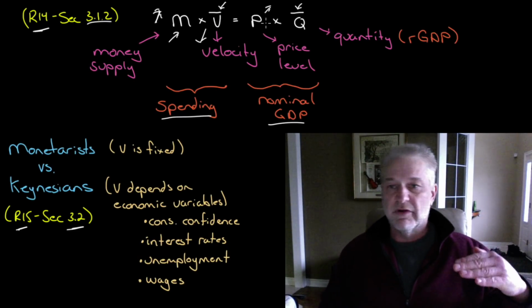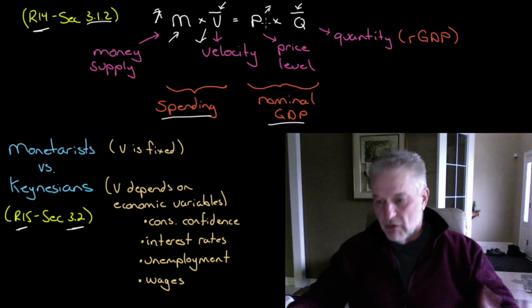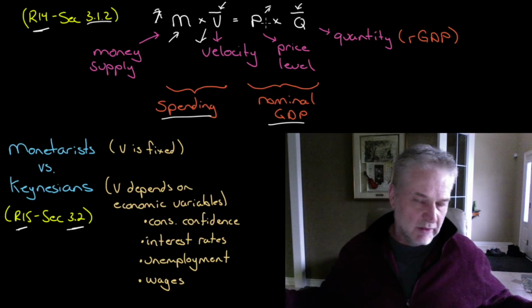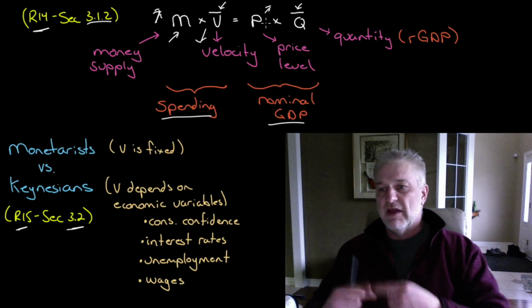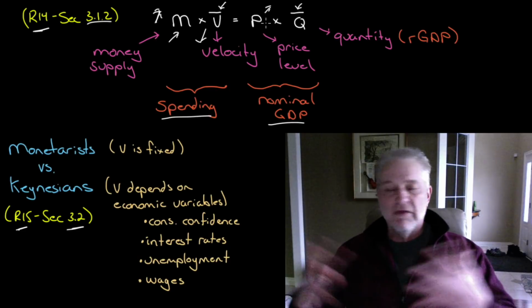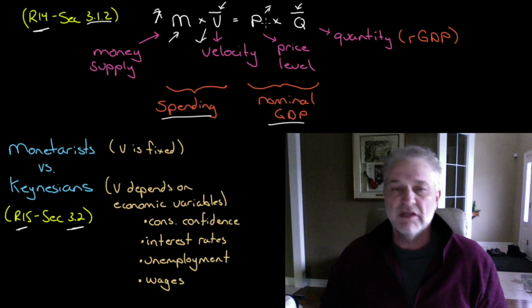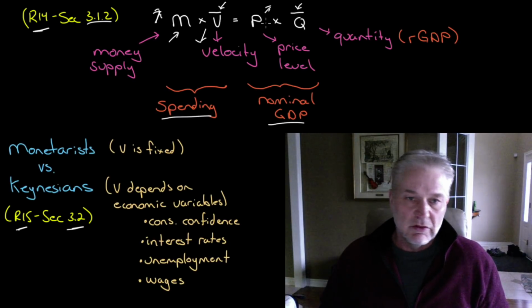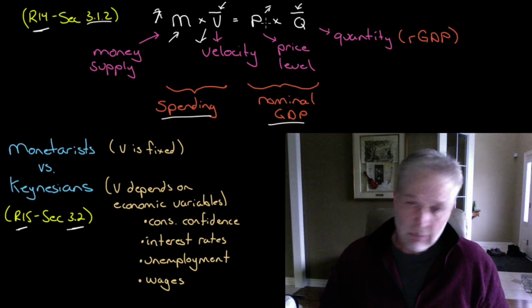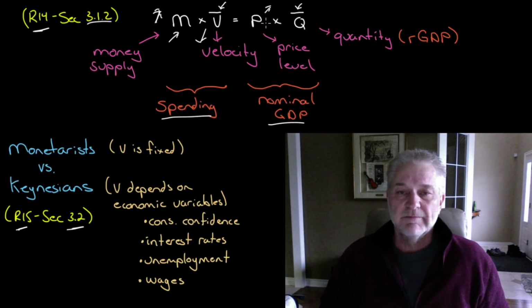If unemployment is very high, you can always hire people to put out more output. Endogenous growth theory tells us that advances in knowledge increase productivity, and that can increase the amount of output that an economy can produce. So Keynesians would say, look, you get rid of those two bars over V and Q and we're with you. And monetarists say, but no, money supply only.